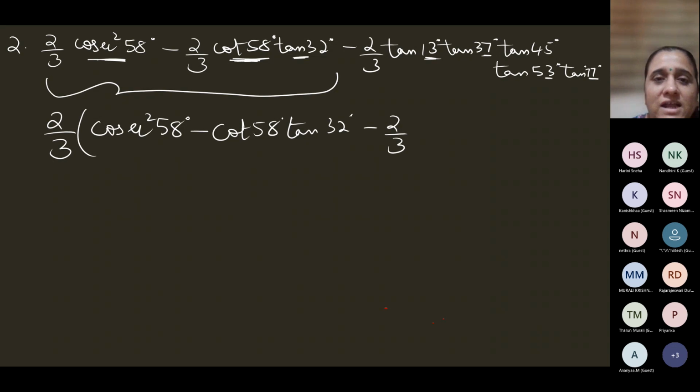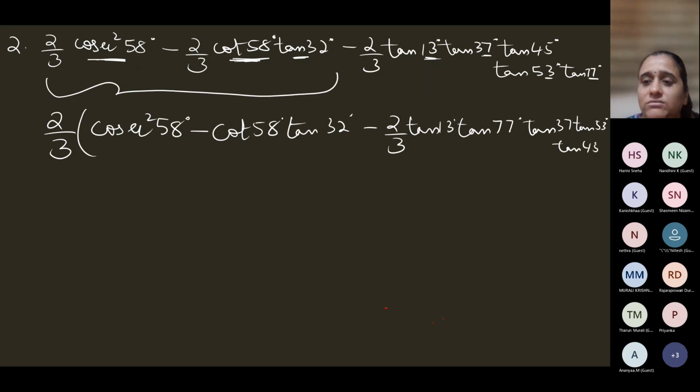Tan 45 can stand alone because its value is 1 from the table. So we write tan 13 degrees with tan 77, then tan 37 degrees with tan 53, and tan 45 stands alone.